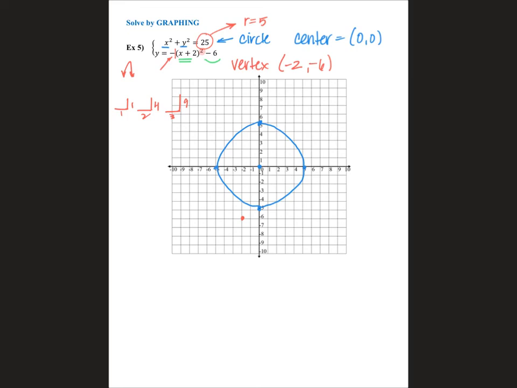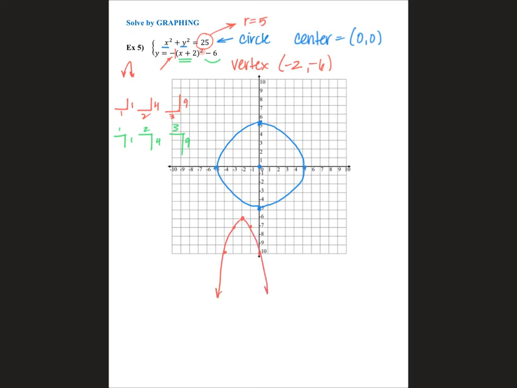So now instead, I'm going to go over 1 down 1, over 2 down 4, and over 3 down 9. So right 1 down 1, right 2 down 1, 2, 3, 4. I don't actually need to go any further. It's going off my graph patch. This is what my parabola is going to look like.